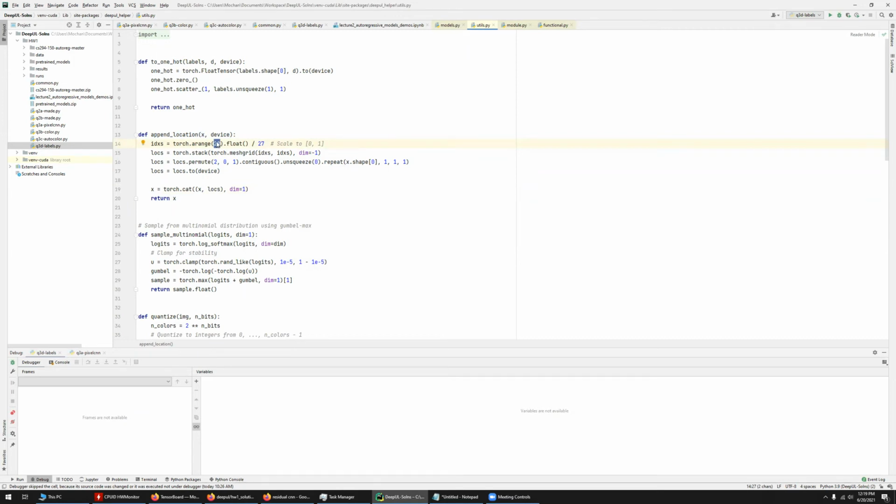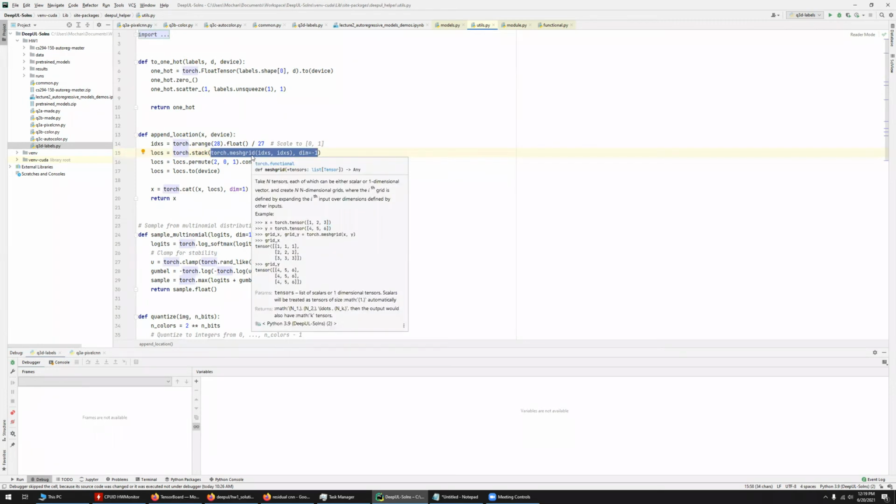Oh, it's MNIST, so it's 28 by 28. That's probably why it's right. Yeah, no, that I got, but the magic seems to happen. The mesh grid is just converting it to 1, 2, 3, 4, up to 27, same thing on the X and Y. So it's just creating the coordinates for each of the pixels is what the mesh grid stuff is doing.